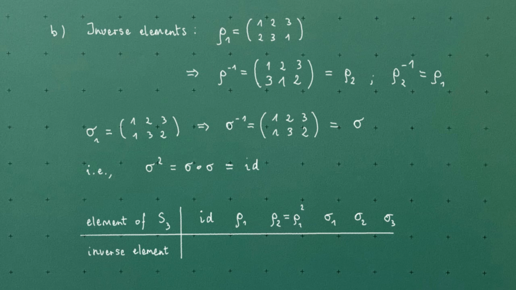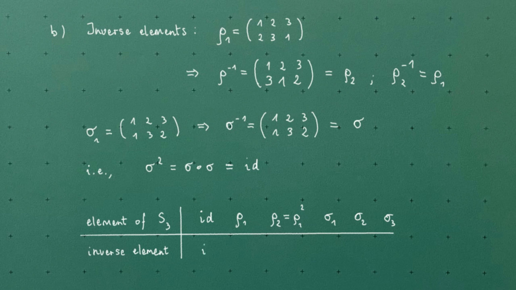And this just means that this guy is the inverse element of that guy, because if I compose them, I end up with the identity. Okay, and this, of course, is true for all the reflections.